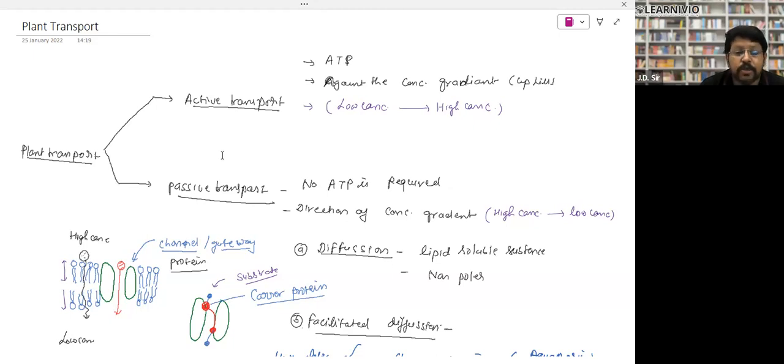The direction of translocation is essentially unidirectional.